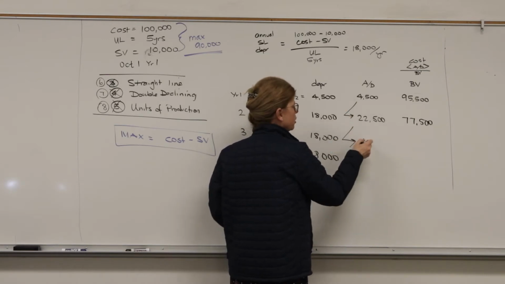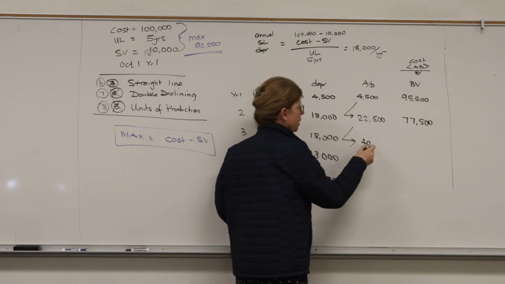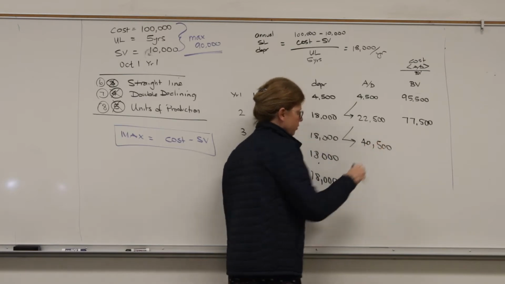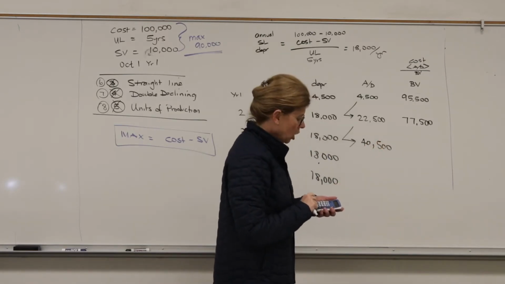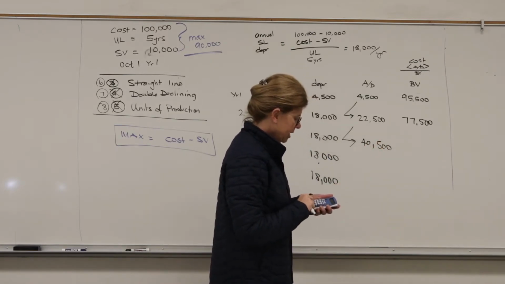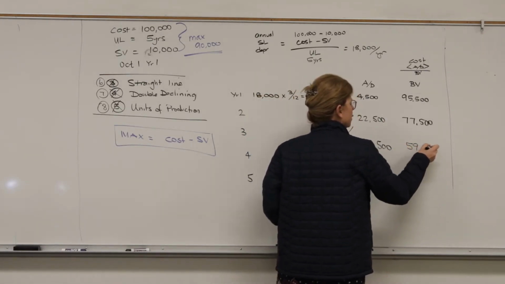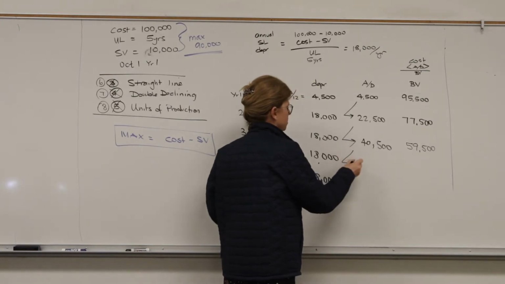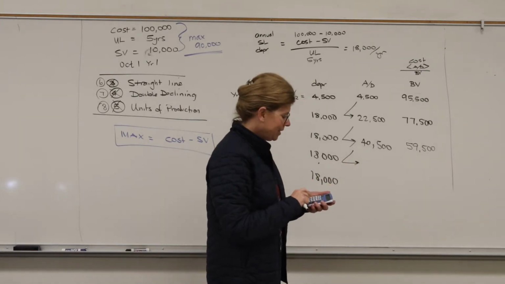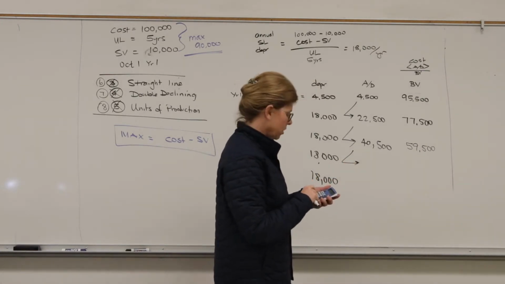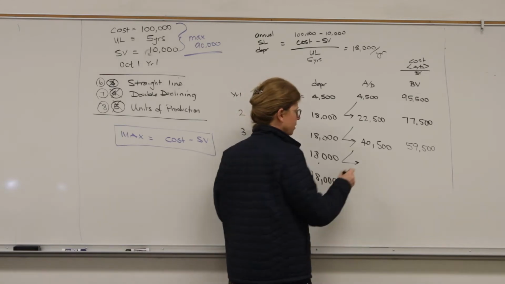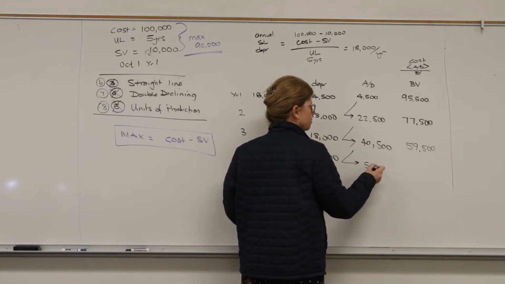Accumulated depreciation, December 31st, year 3, $40,500. When I take $100,000 and subtract out $40,500, I'm going to get $59,500. When I take my $18,000 in year 4 and add it to the $40,500, I'm going to get $58,500.